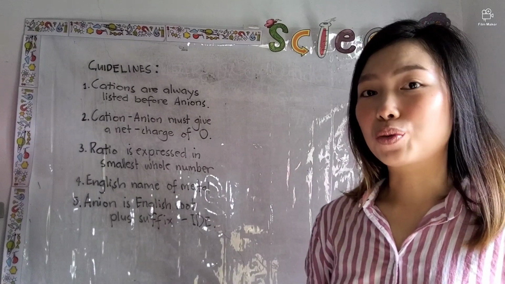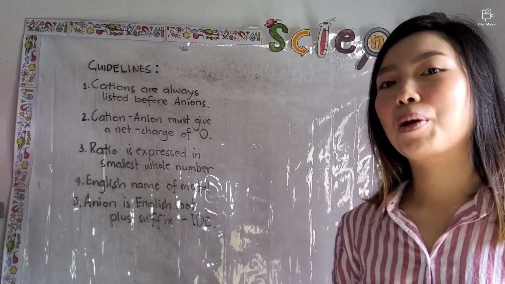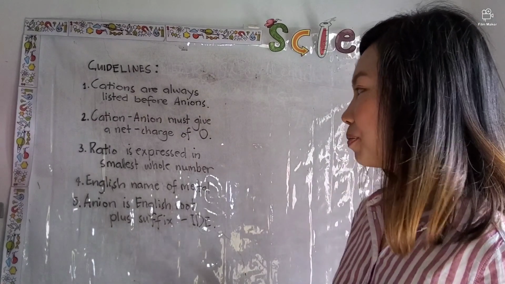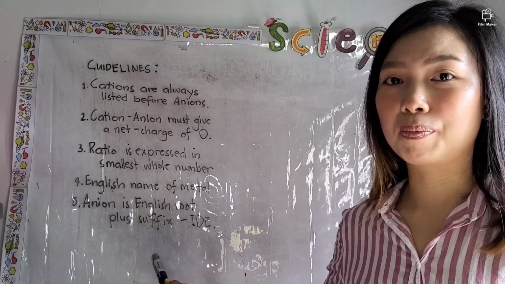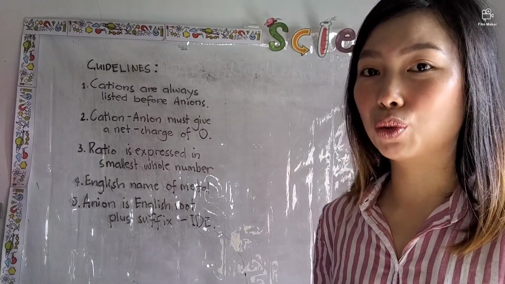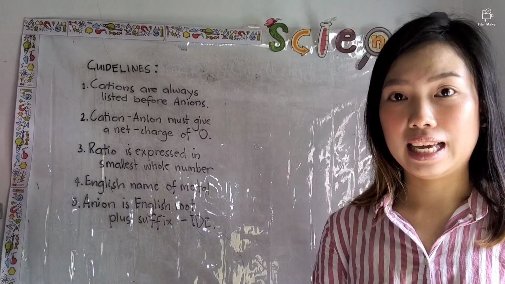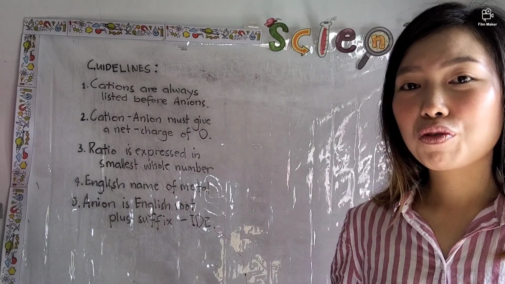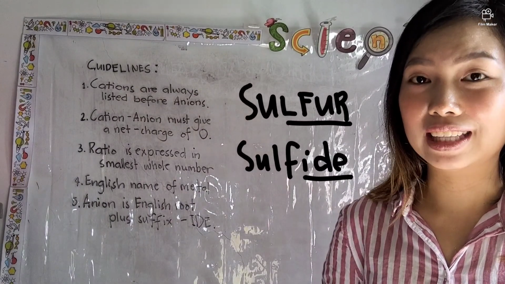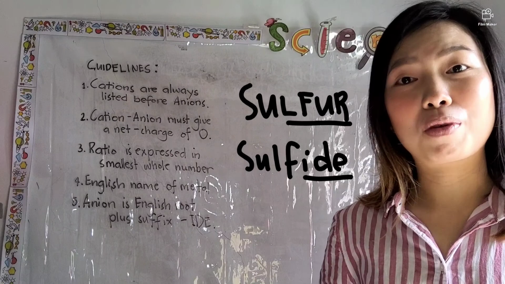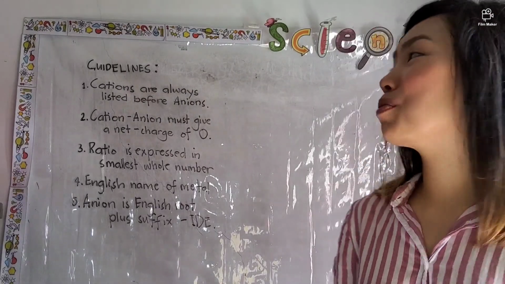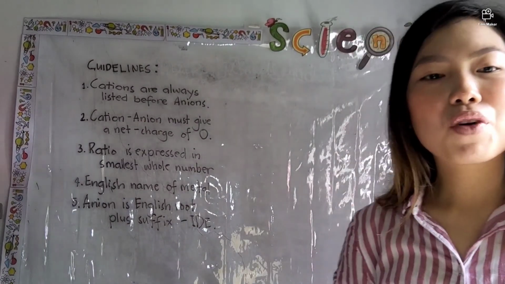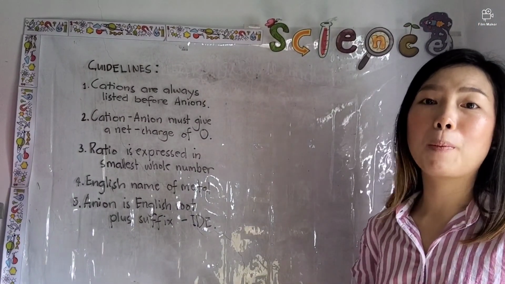So yung ating anion, which is the non-metal, kailangan kapag papangalanan natin siya, ay yung kanya ring English root name. Pagkatapos papalitan natin yung dulo ng IDE. So kung siya ay sulfur, mapapalitan yung dulo ng sulfur into sulfide once na nagkaroon tayo ng formation of ions. So para mas maintindihan natin yung guidelines natin, let us have an example. So for example, I have potassium bromide.